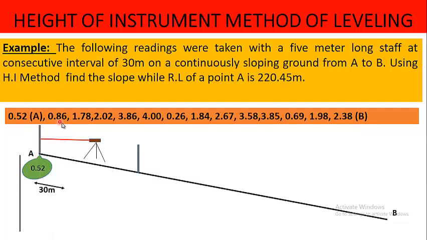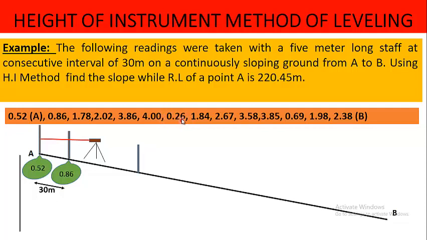The second value is 0.86, and the distance between the two readings is 30 meters. Similarly, the data is continuously increasing up to 4.00, and then we see a sudden decline to 0.26.